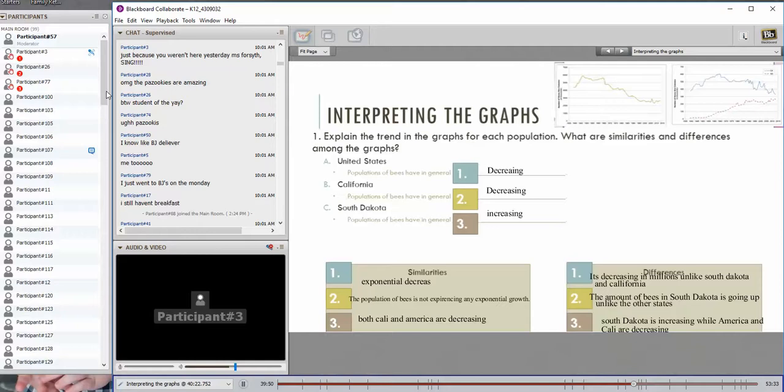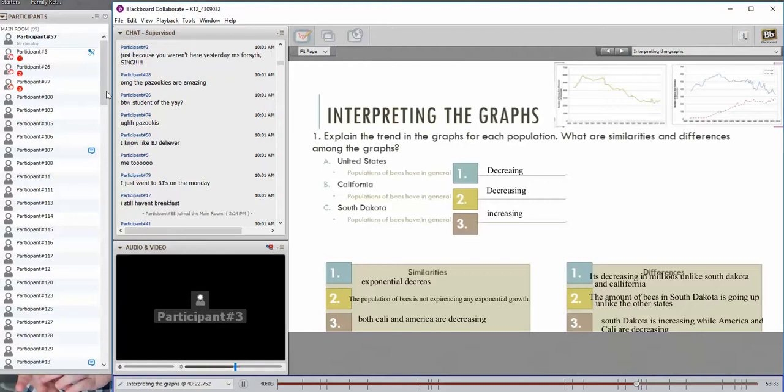Okay, anyway, so next slide, interpret the graph. So we said that the scale of the U.S. is in the millions, and the scale of California and South Dakota is in the hundreds of thousands, and if data from SC is only collected and reviewed, then it would look like the general population of bees in the U.S. was doing fine.